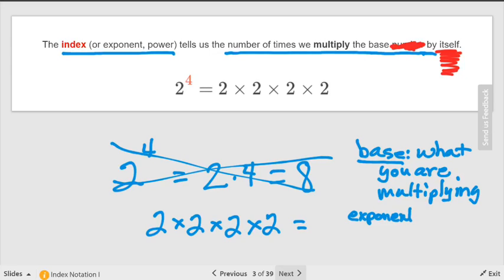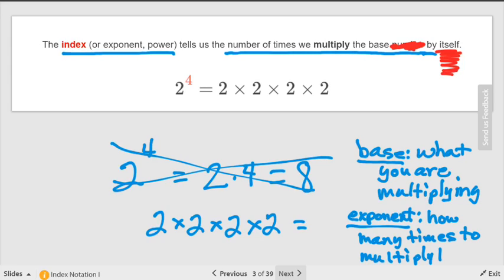Shh, guys, the exponent tells you how many times to multiply that base. Okay?